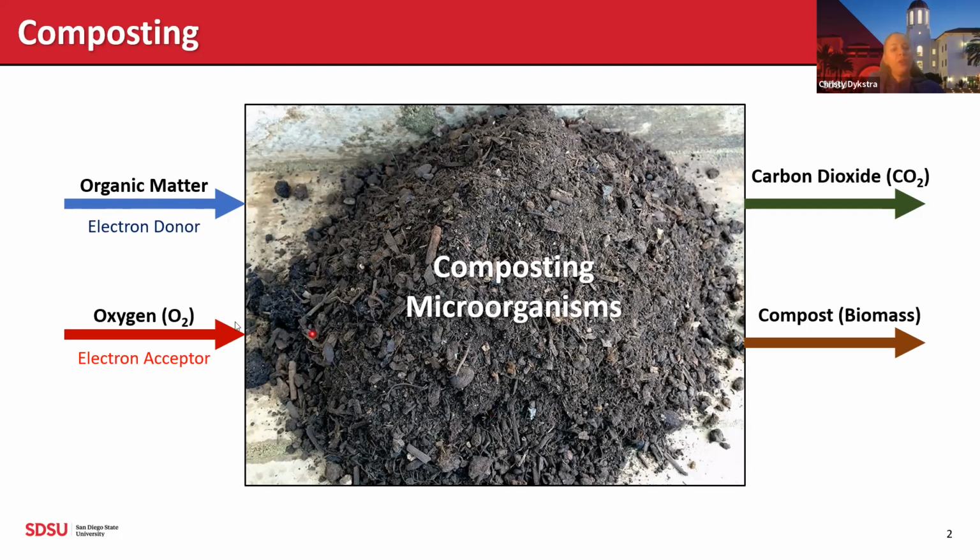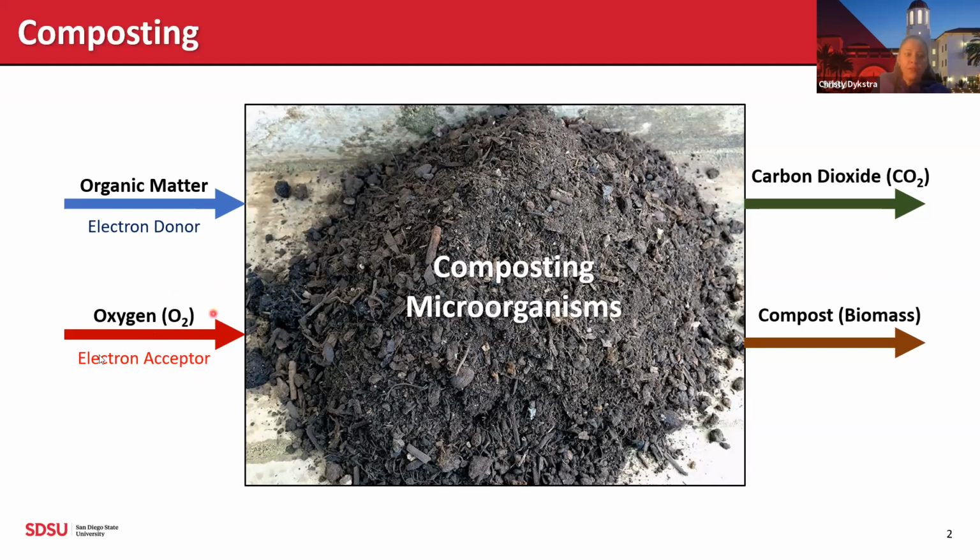And then we also need to supply oxygen as an electron acceptor. The way that these microorganisms get their energy is by utilizing the transfer of electrons from the electron donor to the electron acceptor. I like to liken it to a windmill where the electrons are being transferred and the microorganisms are turning the little windmill and gaining energy from it. So we need both of those things to be effective.